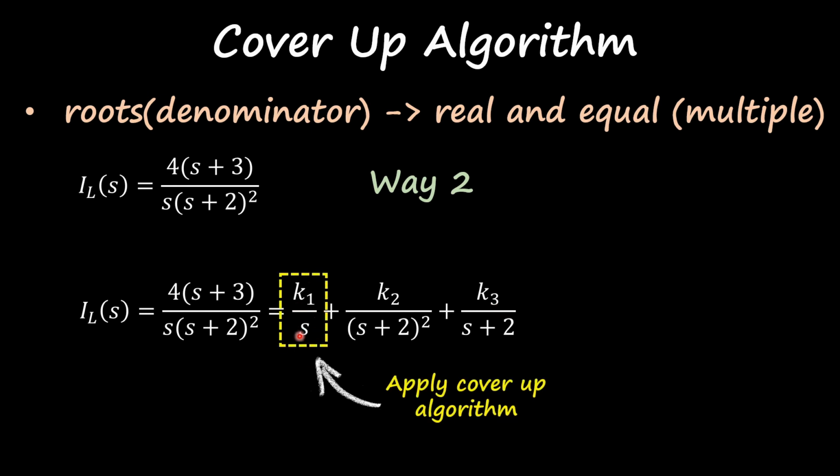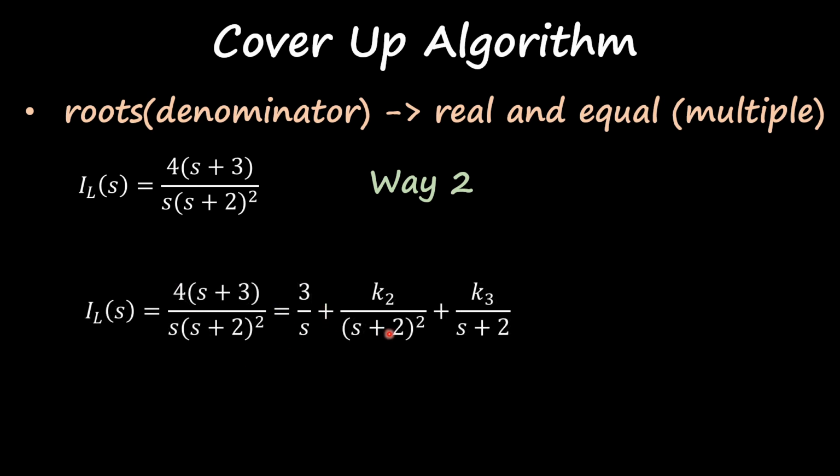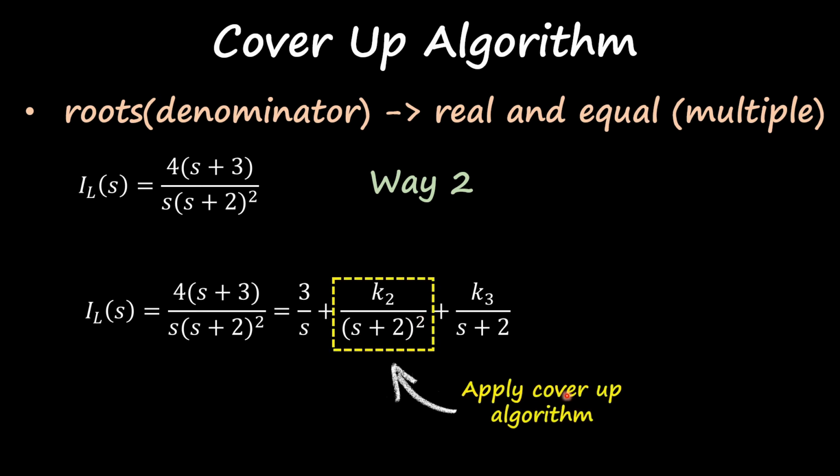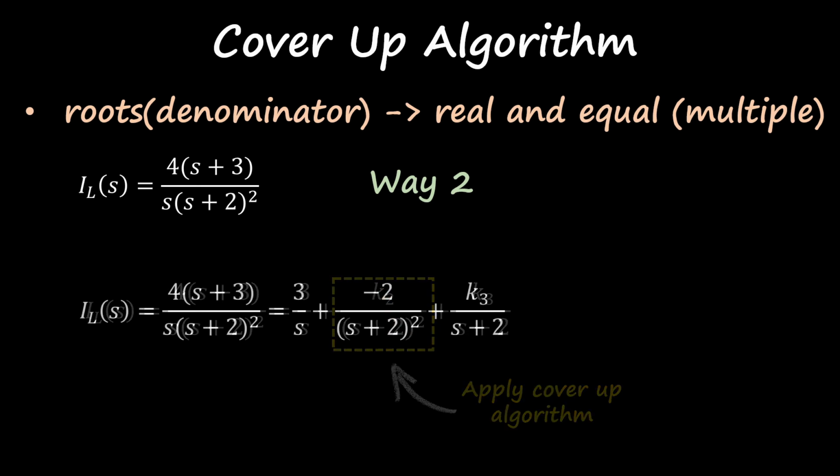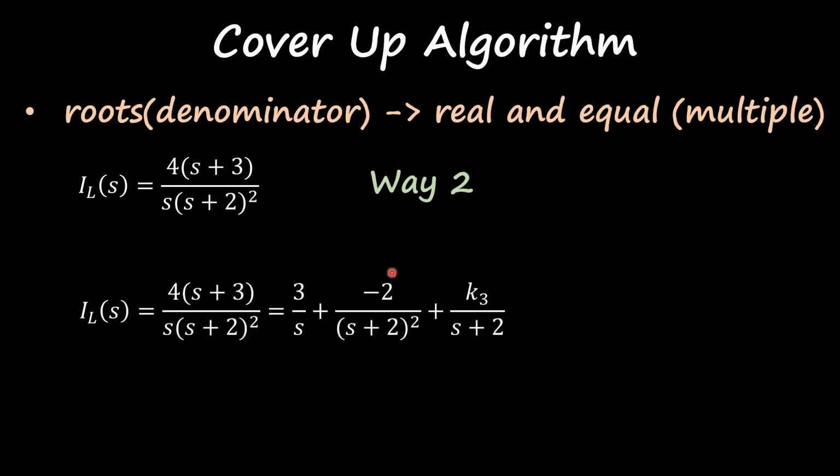For k1 over s, you just apply the cover-up algorithm, straightforward, and you get 3 over s. For the s plus 2 squared, we also apply the cover-up algorithm, as we have been doing, and you get minus 2. I'm putting the minus here so we notice that it's a minus 2, because normally we forget that minus.